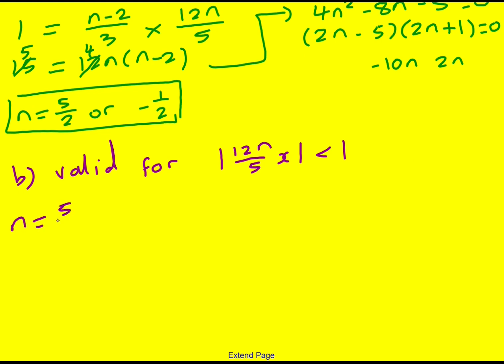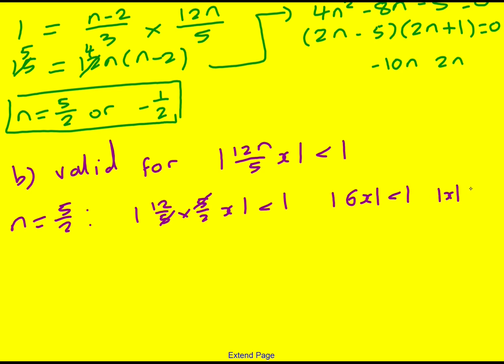n equals 5 over 2 gives that the modulus of 12n, not 12n now, is it? Sorry. It's going to be 12 over 5 times 5 over 2, x, is less than 1. These cancel. So I've got the modulus of 6x is less than 1.